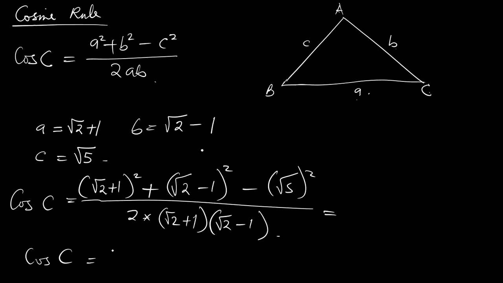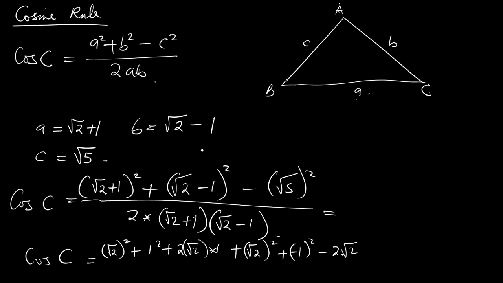If we open up the brackets, we have the square root of 2 squared plus 1 squared plus 2 times the square root of 2 times 1. Plus the same with this: the square root of 2 all squared plus 1 all squared minus 2 times the square root of 2.